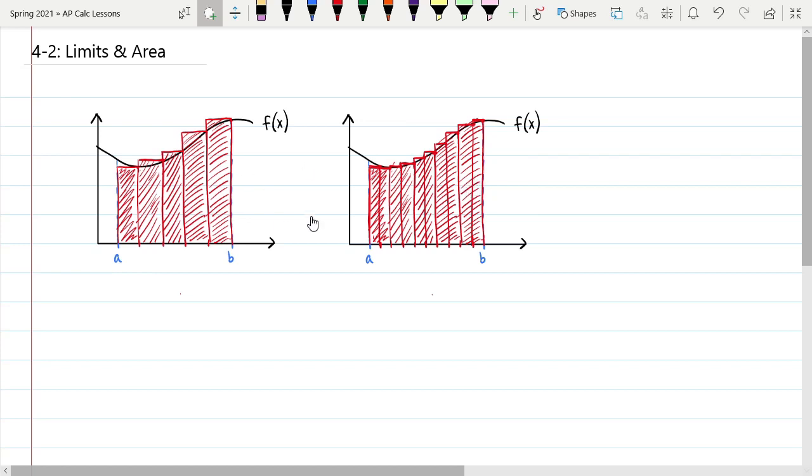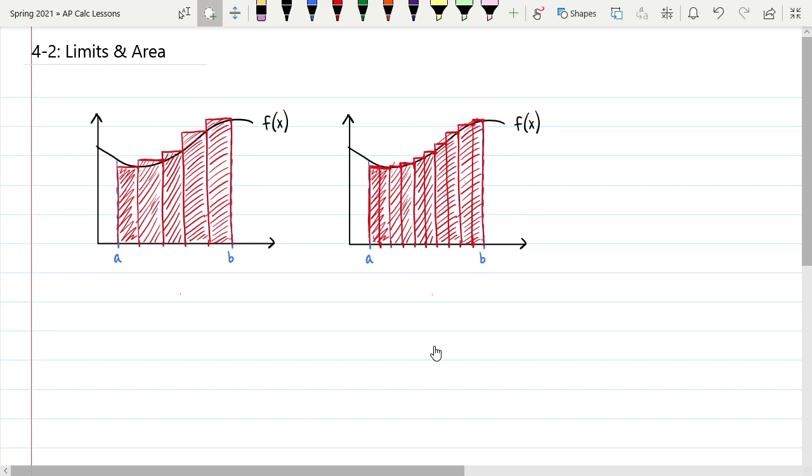Well, if having 10 rectangles was better, then what would be even better than that? Maybe 20, 50, 100? So how many rectangles would it take to make our approximation best? Well, the idea is we want to just make as many rectangles as we can. In other words, we maybe want the number of rectangles to approach infinity. And there's that limit language that you hopefully were expecting.